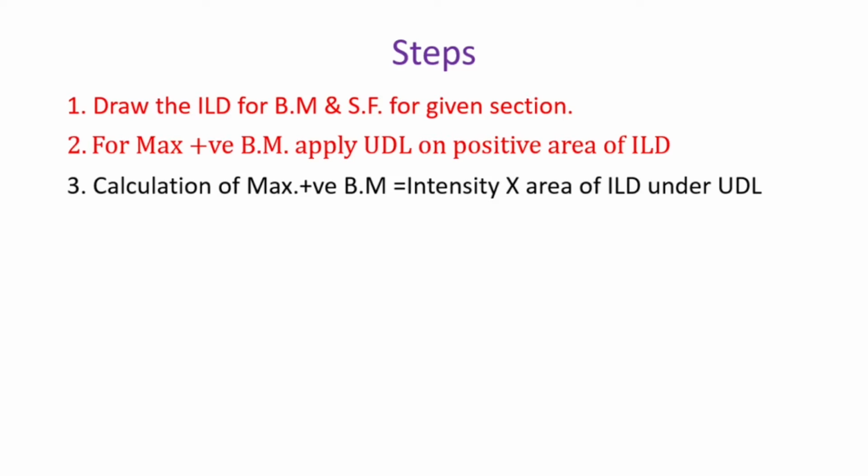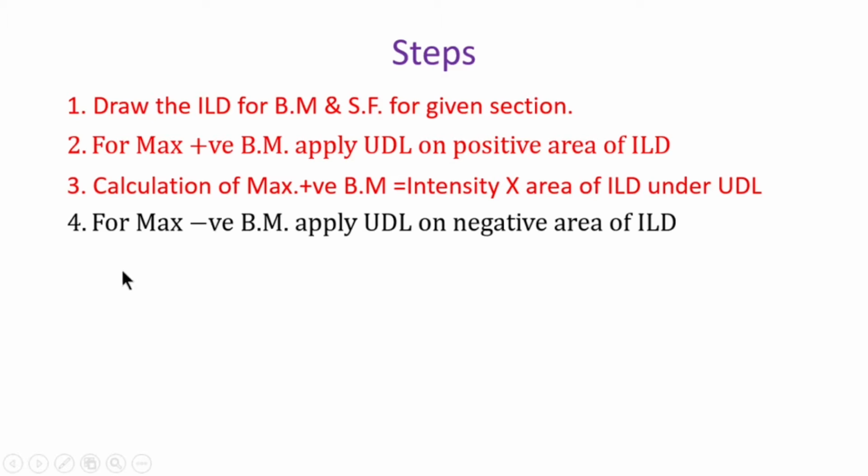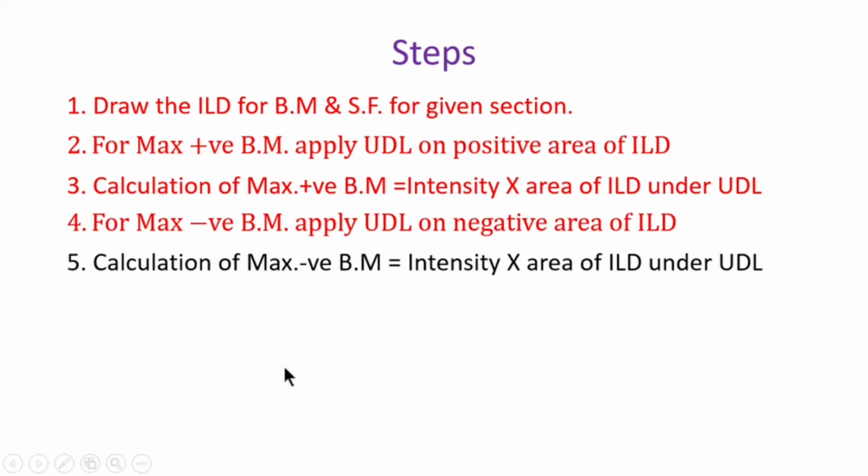The maximum bend moment is equal to intensity into area of the ILD under the UDL. Next, for the calculation of maximum negative bend moment, apply the UDL on the negative area of the ILD.